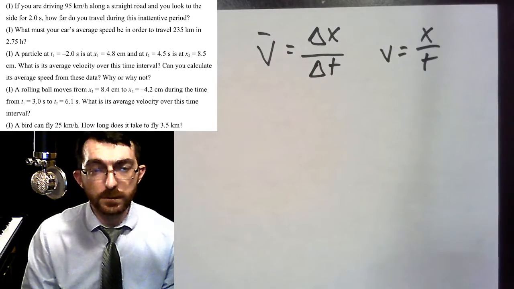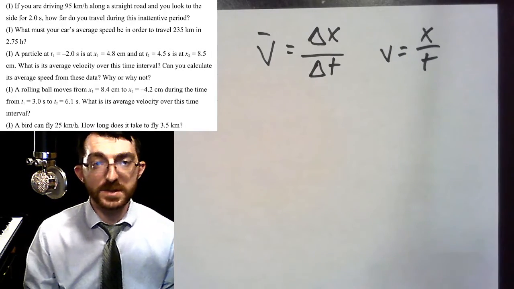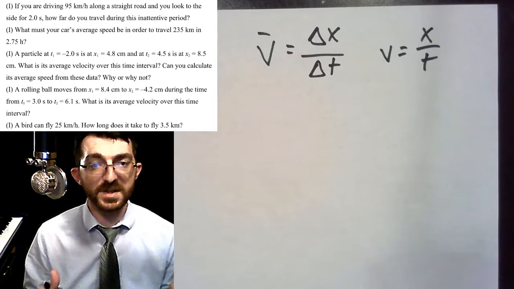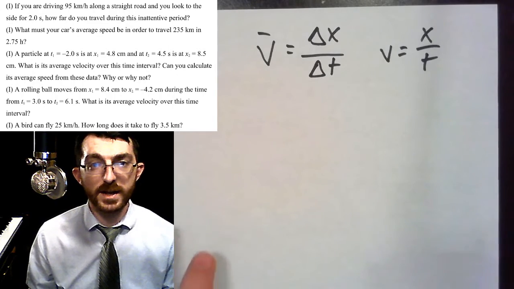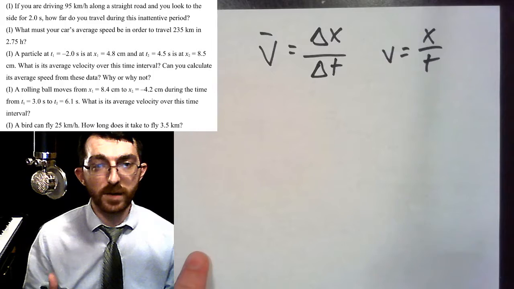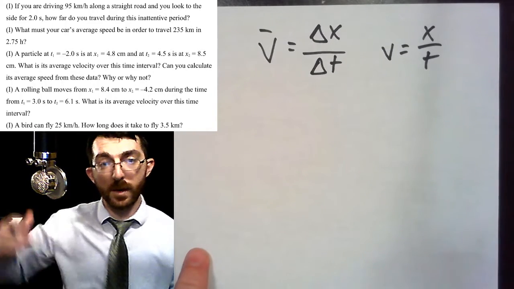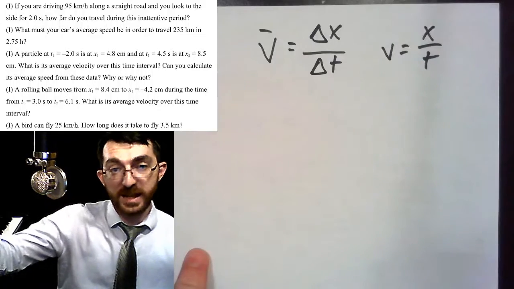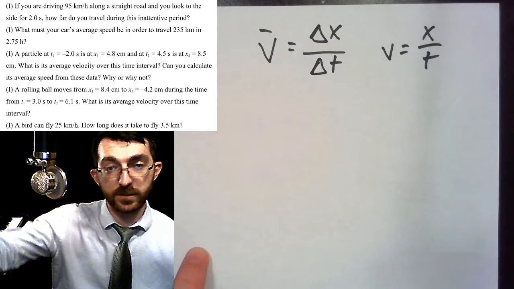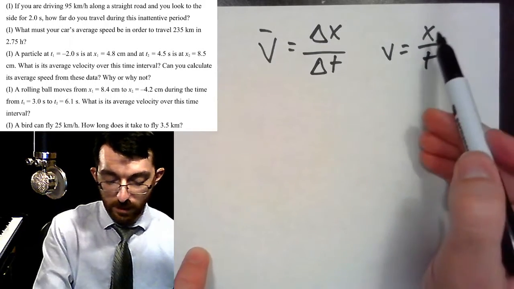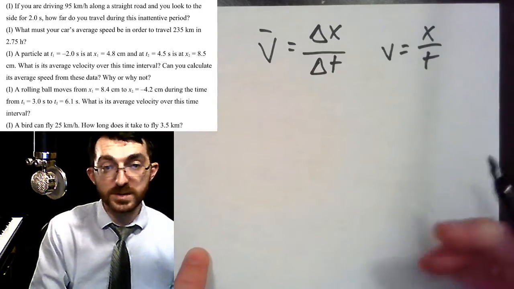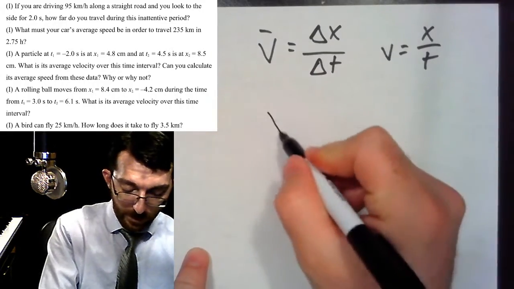Either way, there's not much of a difference between them because of the simplicity of the problem. It says 235 kilometers is what you travel. In other words, from start to finish, the change in location is 235 kilometers. No matter which one of these you use, it means the same thing.